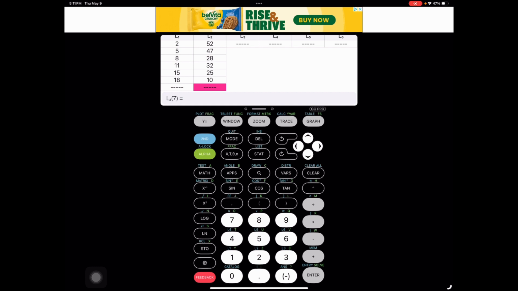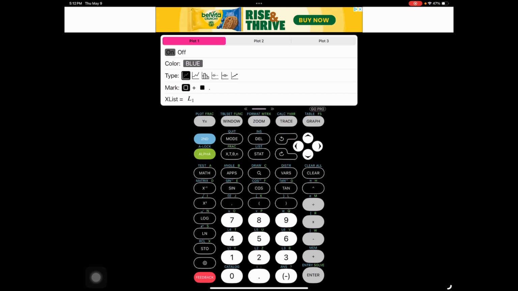And we're going to do everything in the proper order. So first, enter all the data in the list. Now we produce the scatter plot. So second Y equals, want to make sure we're on plot 1. I'm going to scroll back up just to make sure we go through the motions here. Make sure it's on. Make sure you have scatter plot chosen, L1 and L2.